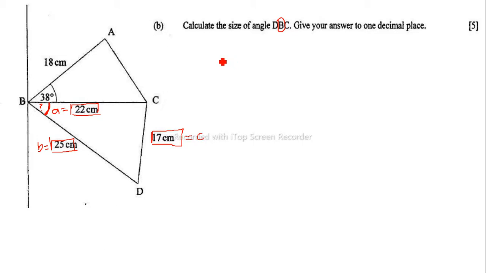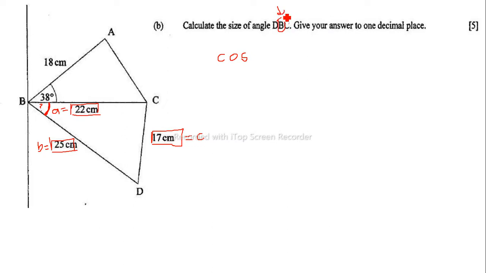And so now we have cos of the given angle. The missing angle here is B, because they did say B here.